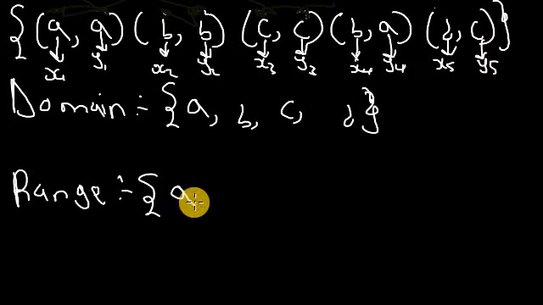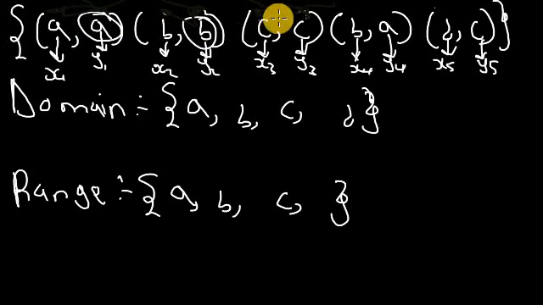So it tends to be A, B, C. D is not among the range because all the outputs are just A, B, C, A, and C. So D is not among the range.